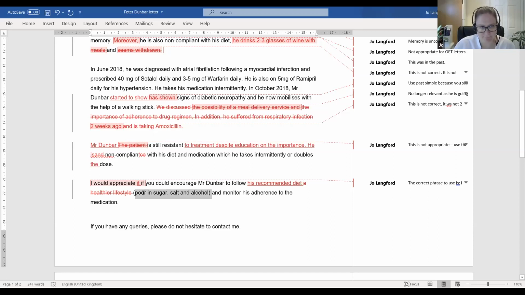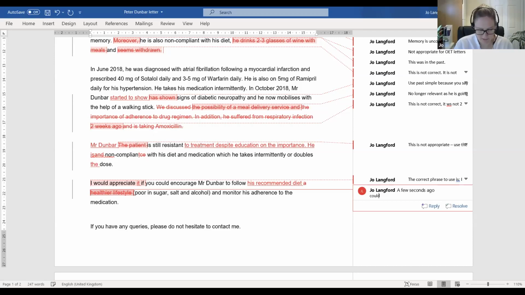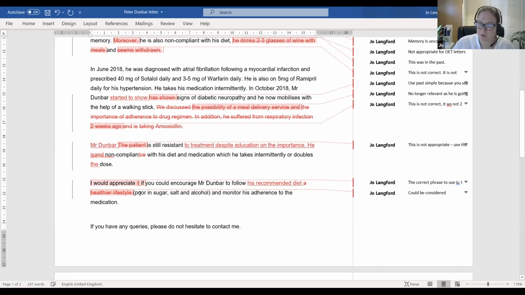Now, here, I'm just going to make a note about this. Could be considered judgmental. Present it factually. So, poor in, again, poor in sugar. It could be a little bit judgmental as well in sugar, salt, and alcohol.